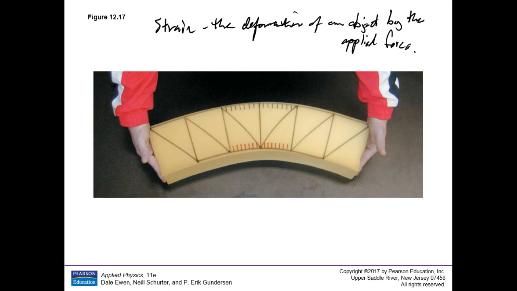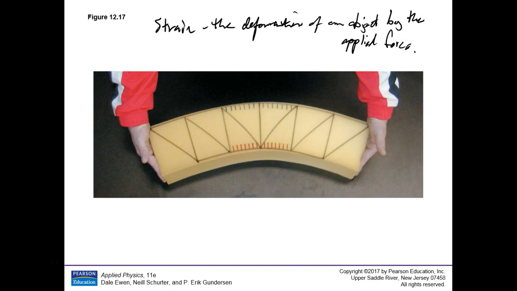You can see the stretching here and the compression there, the tension there, the compression there. And that is the strain, the deformation, the change in the lengths here, the change in the length there. These got shorter, these got longer. The strain is the resultant change in dimension of your material once the stress has been applied.